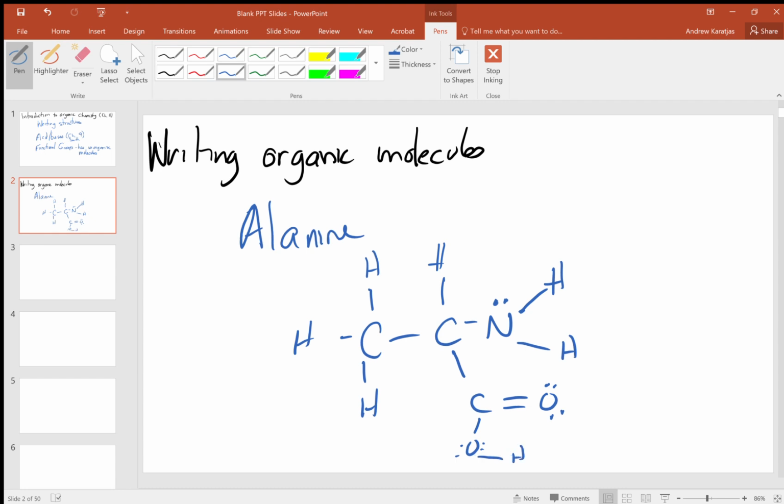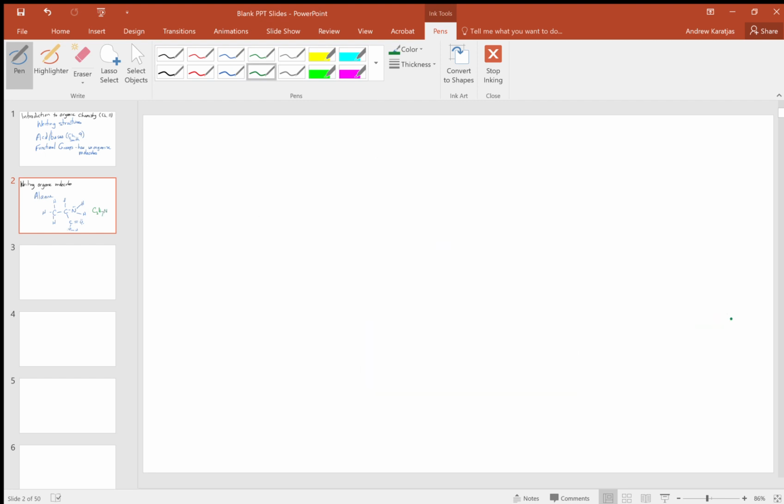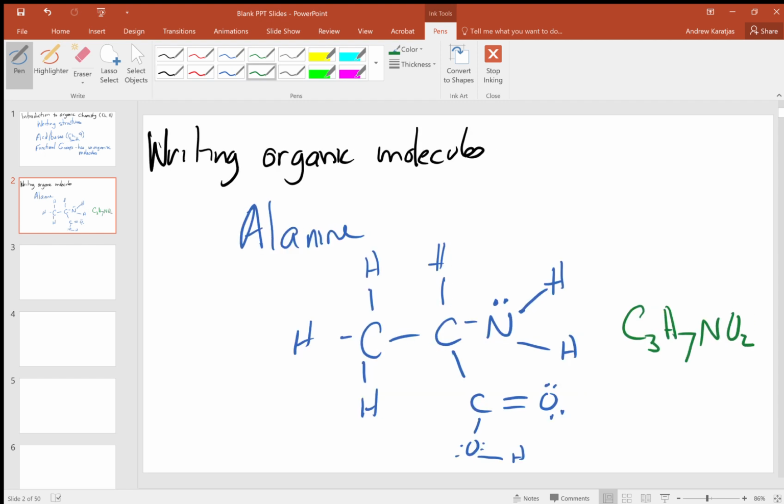And this is one of the simpler amino acids. The full chemical formula for this is C3H7NO2.